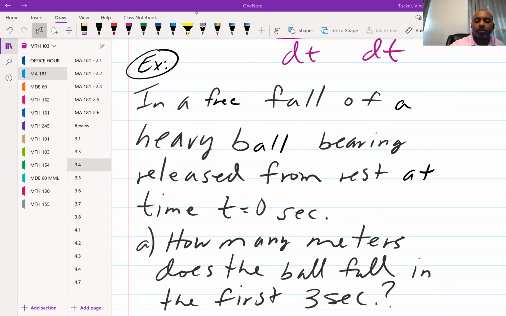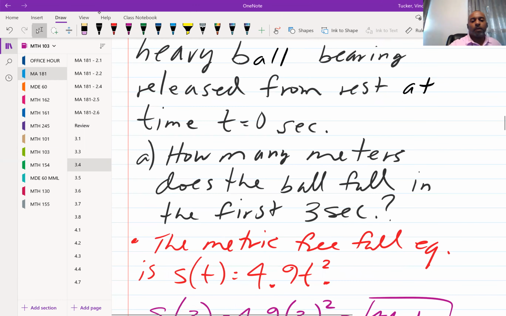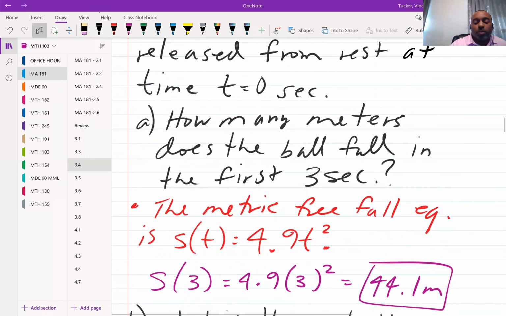All right. So the metric free fall equation is S of t is equal to 4.9 t squared. And any equation that they want you to use, they will give it to you in some form. So just simple substitution. How many meters does the ball fall in the first 3 seconds?